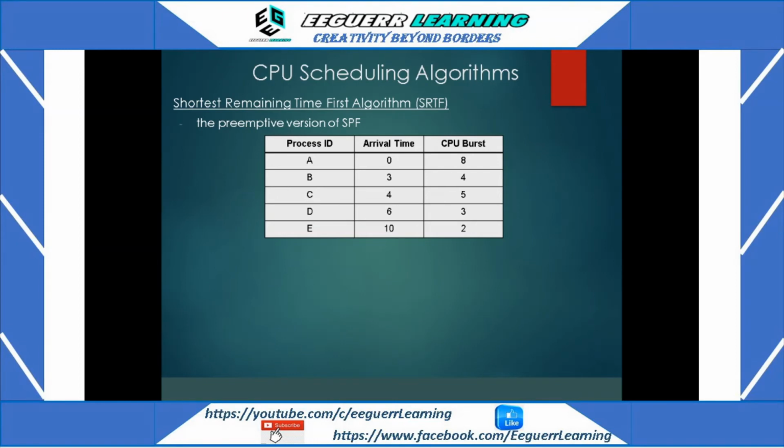Let us accommodate first the process A and place it in our Gantt chart. The arrival time is 0, so place it here.